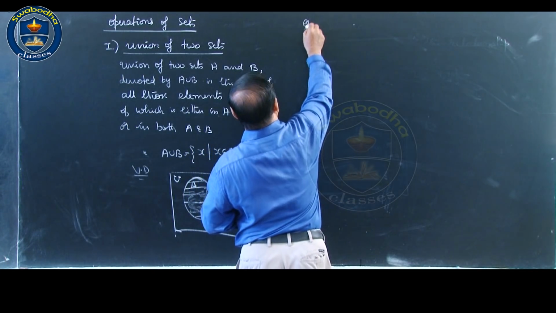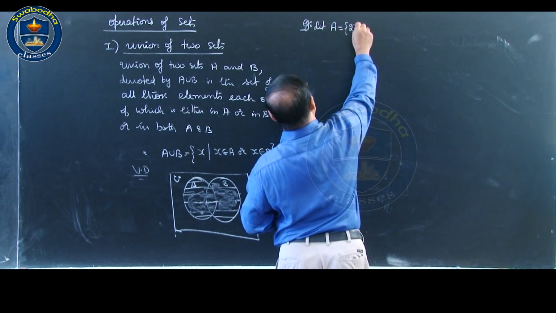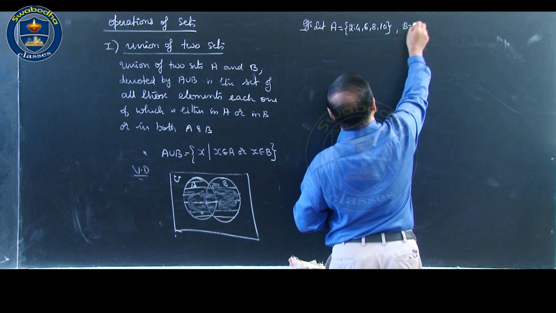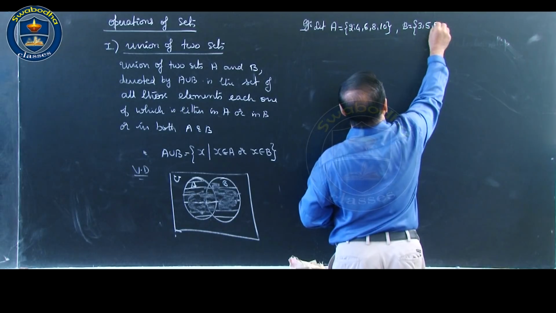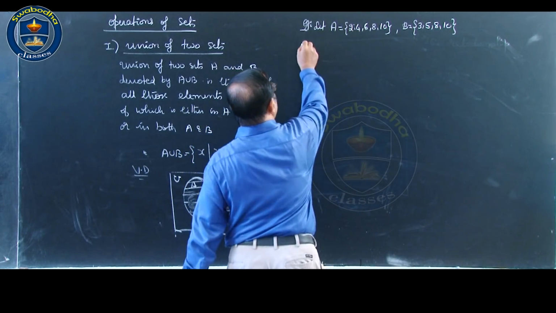I'll write one example. Let A equal 2, 4, 6, 8, 10 and B equal 3, 5, 8, 10. Then what is A union B?